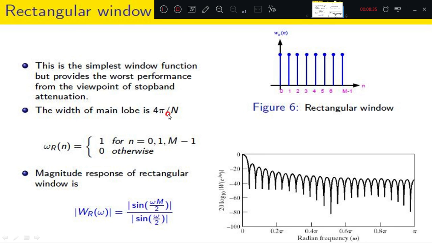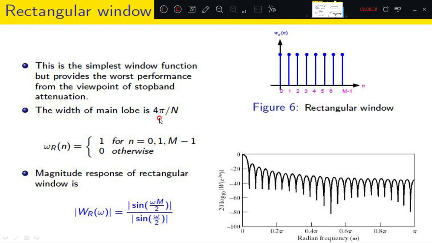If you take the frequency response of this one, the frequency response will have both a main lobe as well as side lobes, that is the ripples. The width of the main lobe is given by 4 pi divided by N, where N is the number of samples in the impulse response.